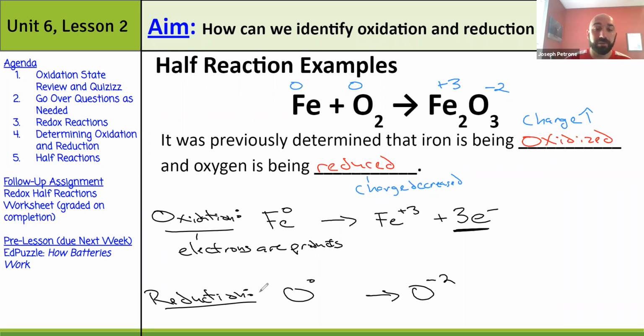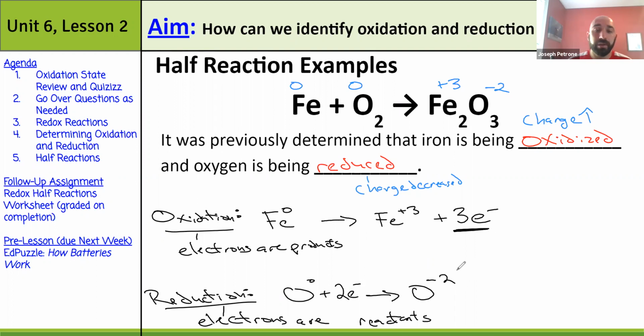In reduction, because electrons are being gained, instead of being products, electrons are considered reactants. That's because the oxygen atom is taking these electrons on. So our final reaction is going to be O as an oxygen with a 0 charge, plus 2 electrons yields oxygen with a -2, so the oxygen ion.